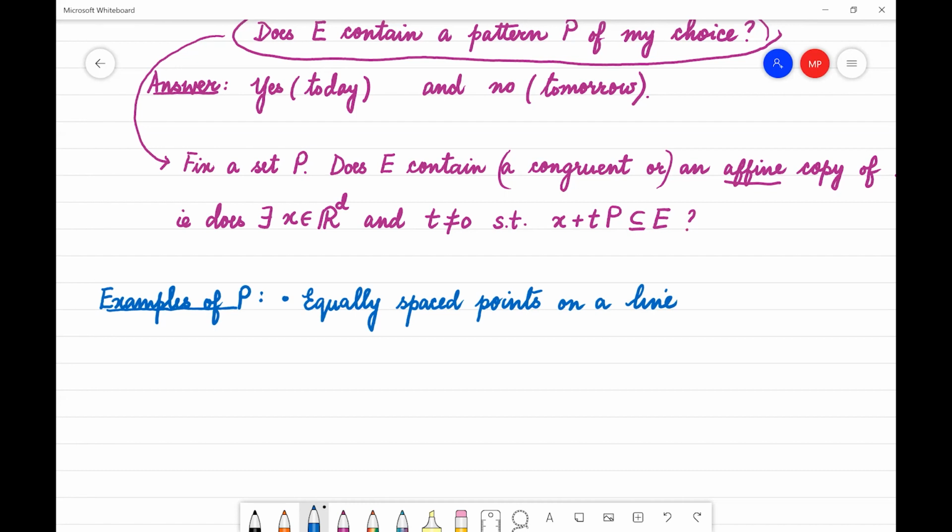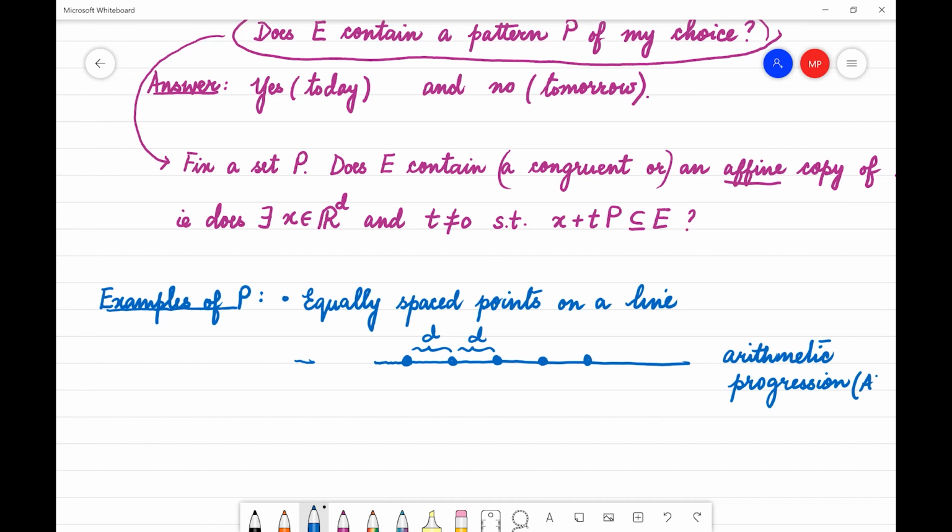It means that suppose you are on some kind of a straight line and you have points where the distance between them is exactly the same. In other words, this is an arithmetic progression, which we will abbreviate as AP. Okay.